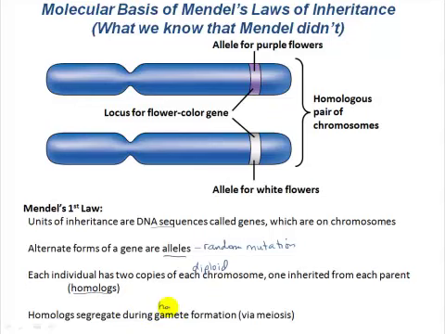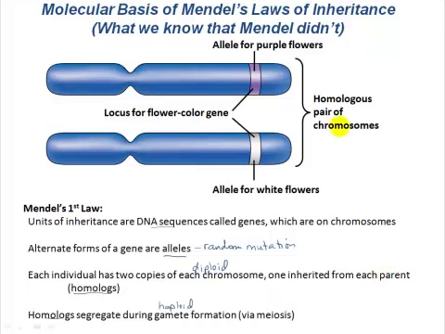So we go from diploid germ cells to haploid gamete formation via the process of meiotic cell division, as we talked about before. So this is really thinking primarily about meiosis 1, right? Mendel's law of segregation is really describing the events of meiosis 1, even though he never knew anything about DNA or meiosis.